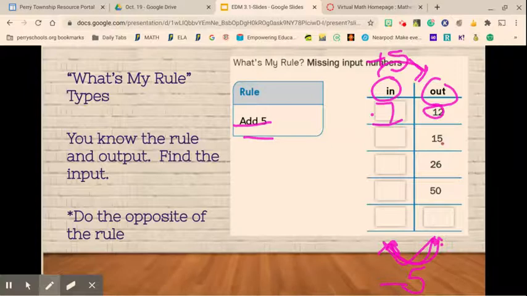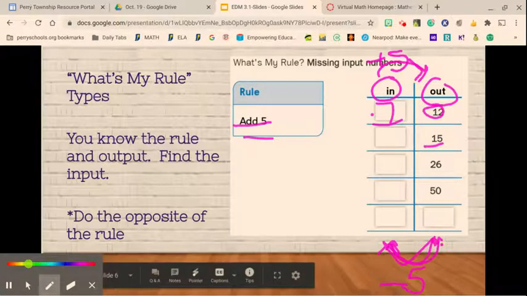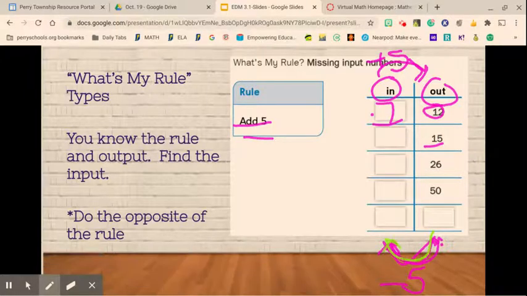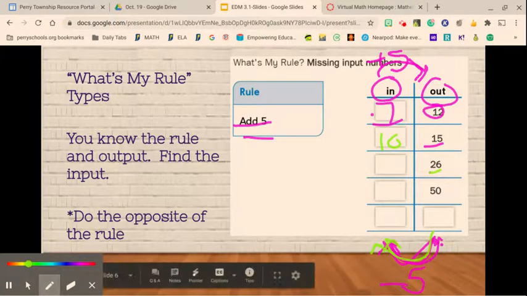I'm going to look at my next number, 15. And 15, I have to go from the output to the input. So 15 minus 5 is 10. On the next one, I have 26. Again, I'm going to go from the output to the input.